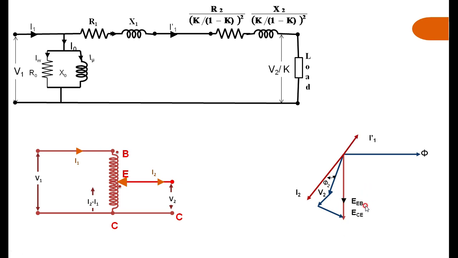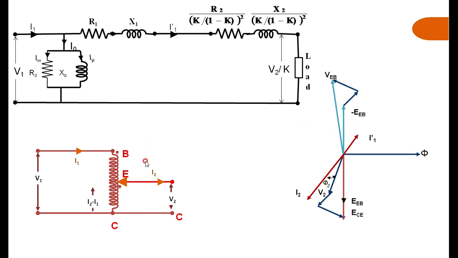Then I have got the counterbalancing current. Then I have got EB, and I am producing it on the negative side. Then to this EB, I am adding the resistance drop of BE and reactance drop of BE. Then what I am getting is the voltage between B and E, that is the terminal voltage VBE.